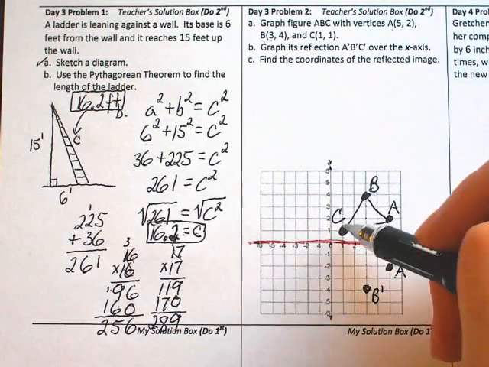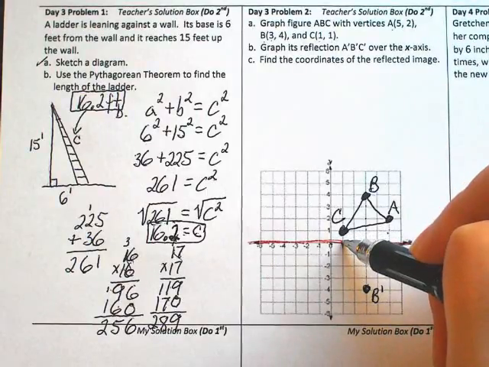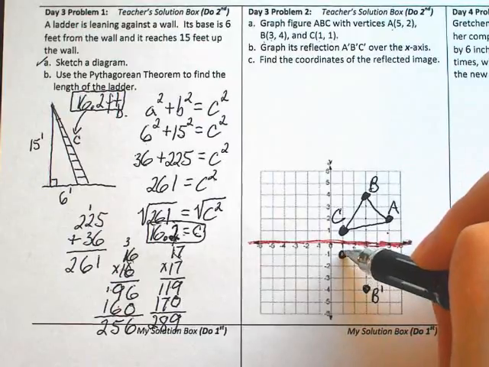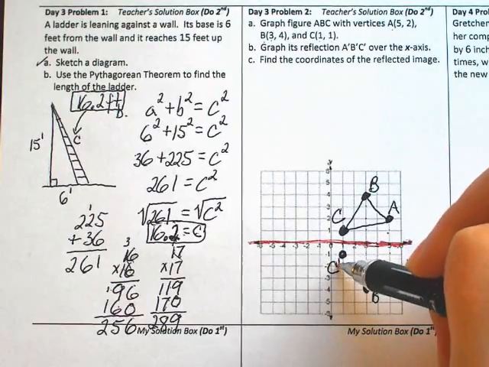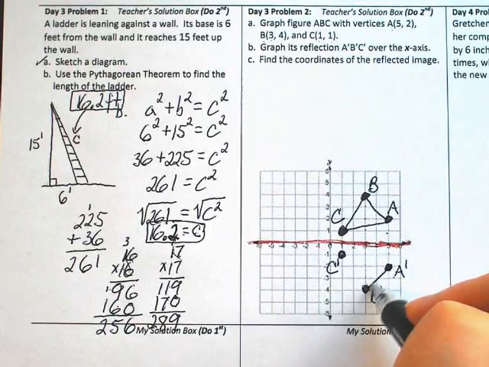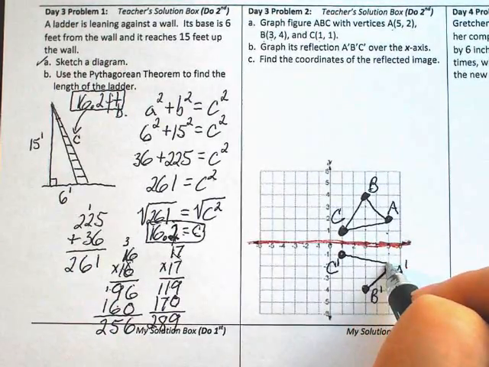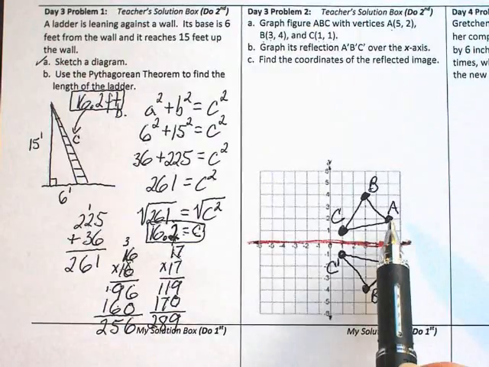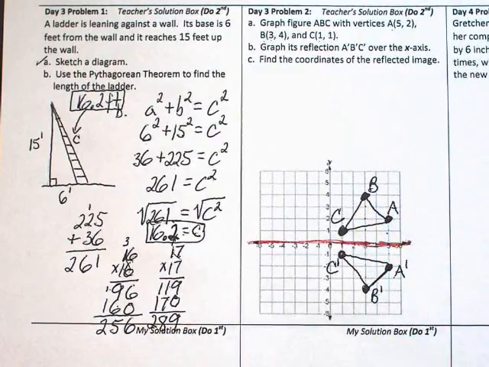And now for point C. Just 1 unit above the red line, and so C prime will be 1 unit below the red line. And we can again draw lines to create a triangle shape. This triangle, A prime, B prime, C prime, is the reflection image of the original triangle, ABC.